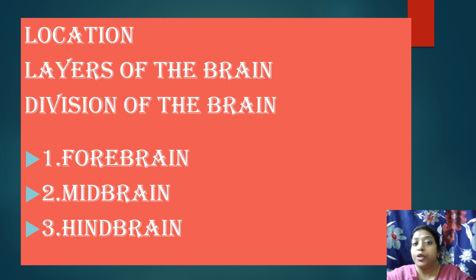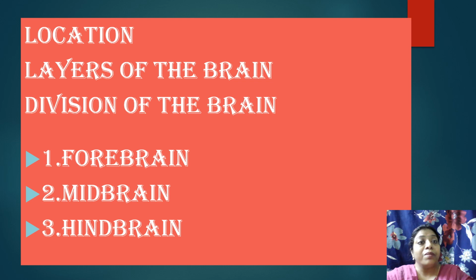What is the function of the dura mater? The dura mater supports the central nervous system, especially the spinal cord. If you are able to stand erect, that is because of this dura mater. It protects the spinal cord from any shocks and friction. What is the function of the arachnoid mater?